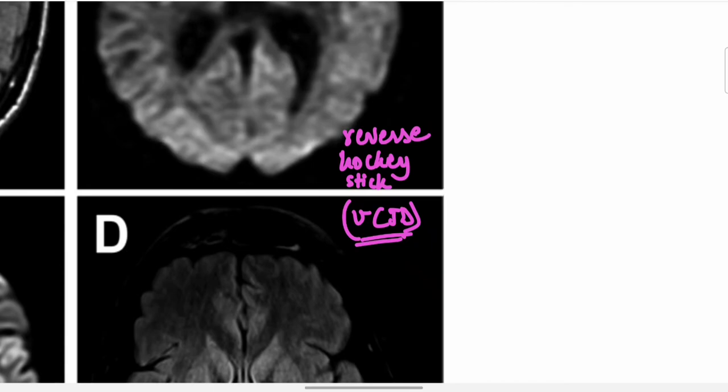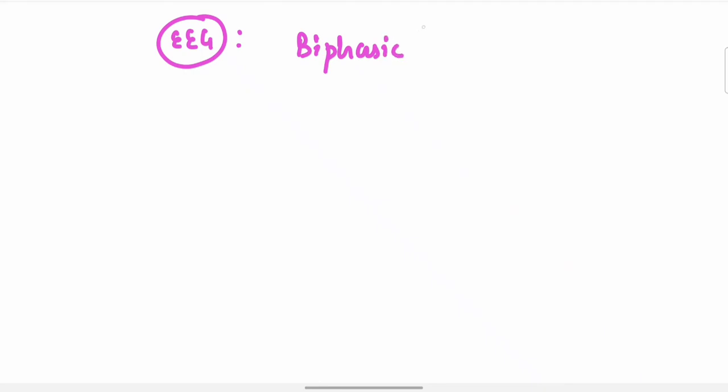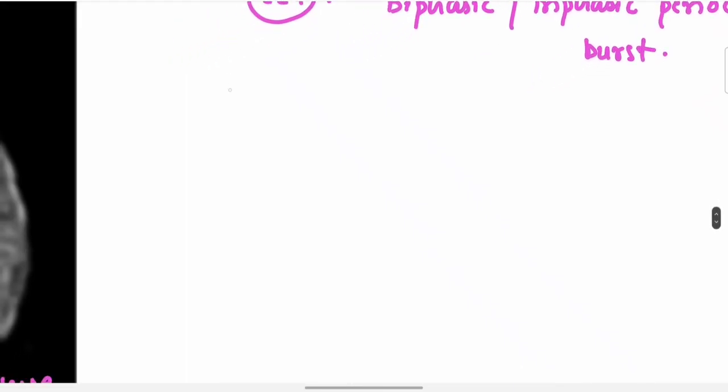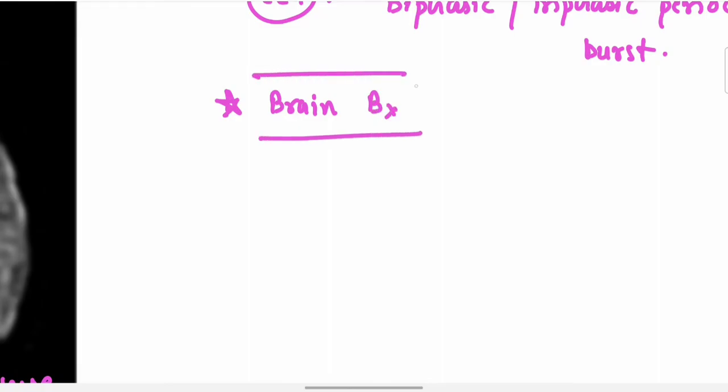The next investigation is EEG. EEG shows biphasic or triphasic periodic bursts. Then what about biopsy? Brain biopsy is usually not indicated, obviously, because there is no treatment for the disease.